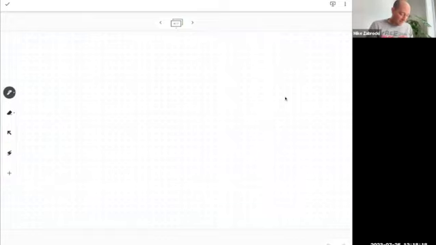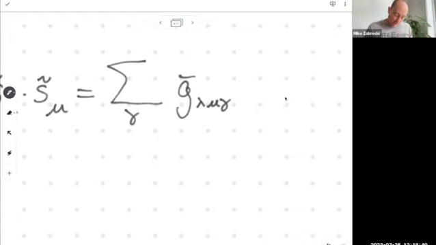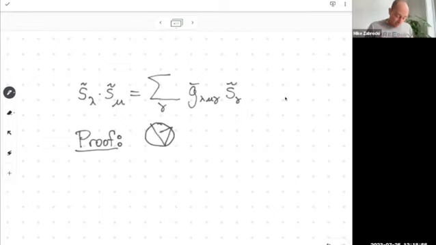So first thing I need to establish is that S lambda tilde times S mu tilde is equal to the sum over gamma of the reduced Kronecker coefficient, lambda mu gamma, S gamma tilde. And so proof, this one is using star.